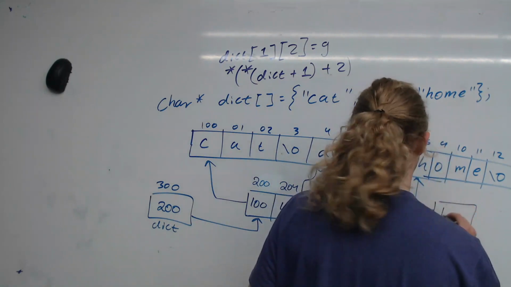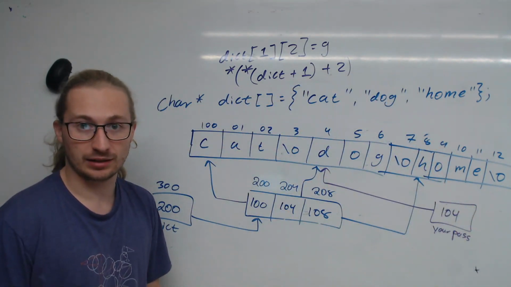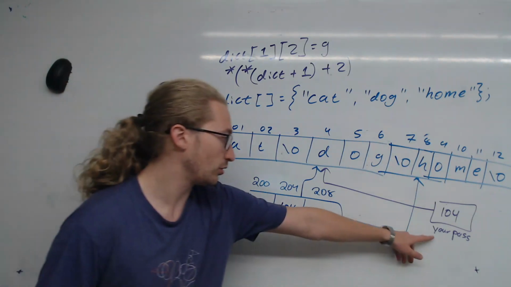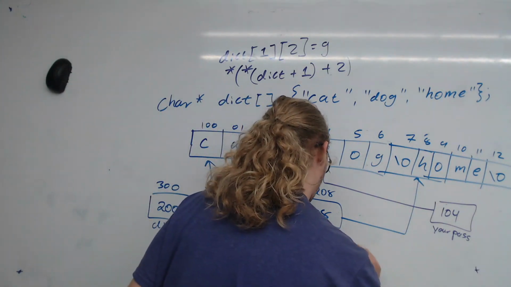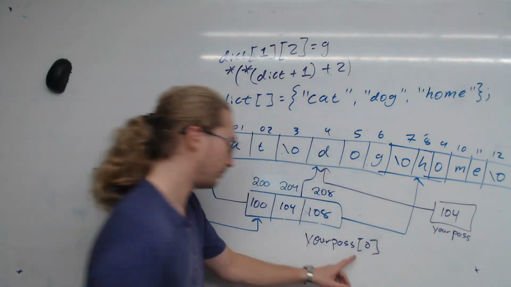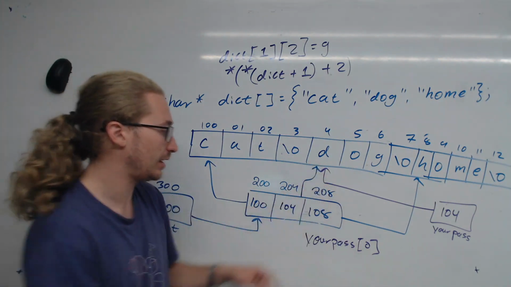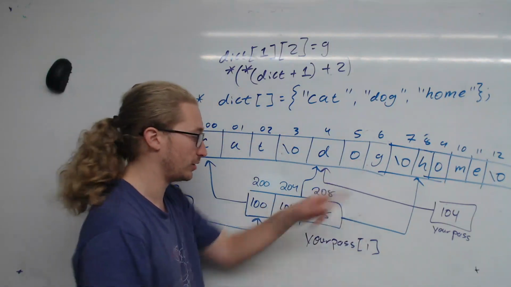Let's say this is memory address 104. The problem is you could access things you're not really supposed to be allowed to. So if you took your pass and then your pass indexed at 0, that would of course fetch the first letter D, your pass of 1 would be the O, and your pass of 2 would be the G.